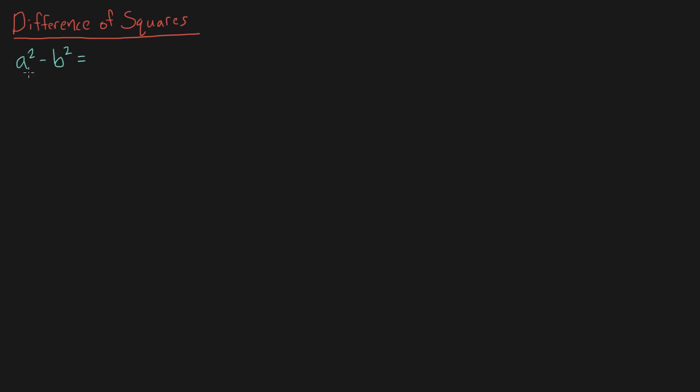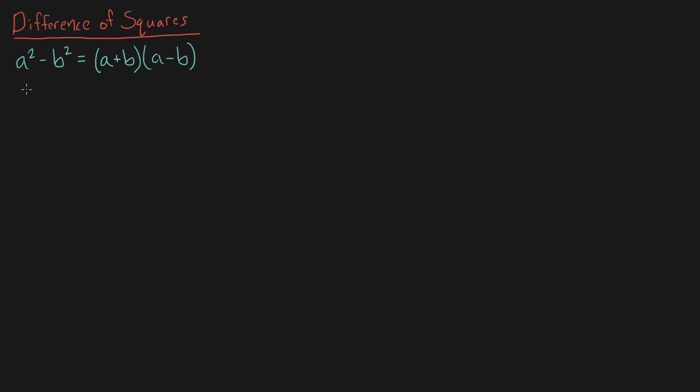And when we find an expression that takes that form, then we can replace it with the factored expression a plus b times a subtract b. Now let me show you an example.